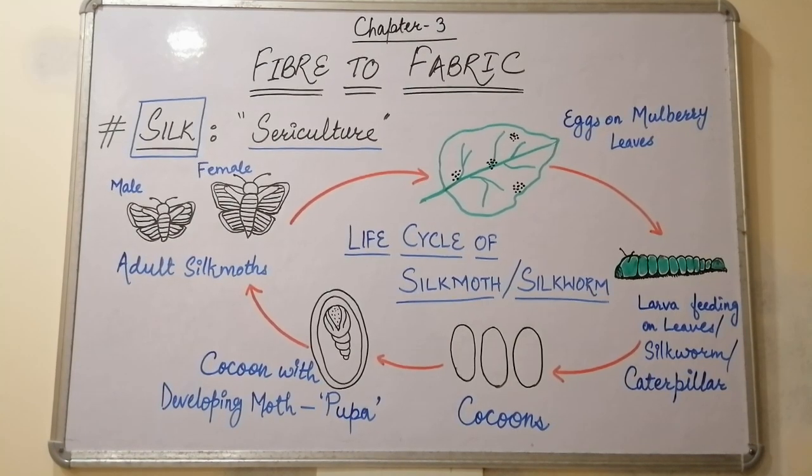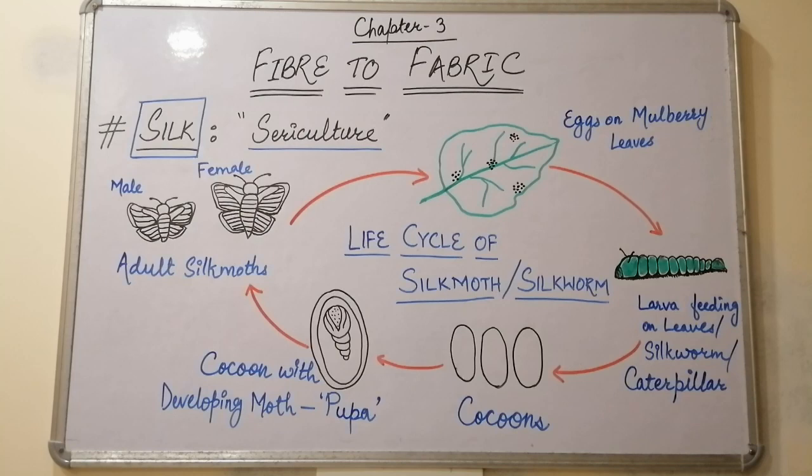Special kinds of trays are made, and specific conditions, the temperature, air and humidity, everything is controlled there, and those larvae are free to feed on those leaves, and they become mature.